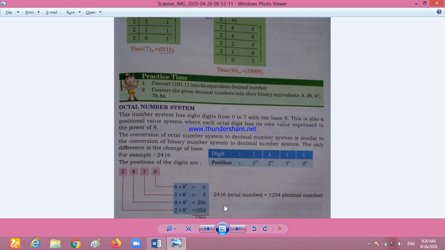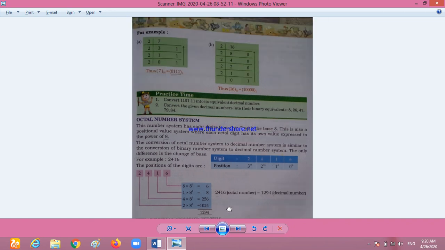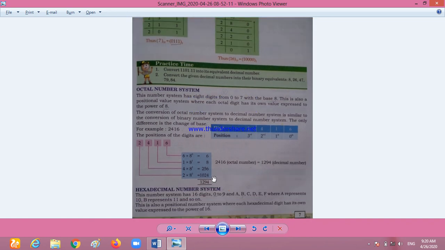This is our answer, 1294. 1294 is the decimal number. The octal number 2416 converted into a decimal number is 1294.